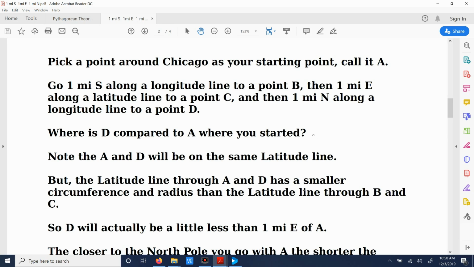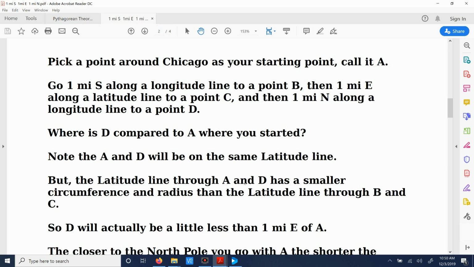Now some people would say, well, you're 1 mile due east of A, and that would be wrong. A and D will be on the same latitude line because when you went north and south, you did so along longitude lines. So you started on the latitude line, went a mile south, went east, went back a mile north, and you're on the same latitude line. But here's the point you've got to realize.